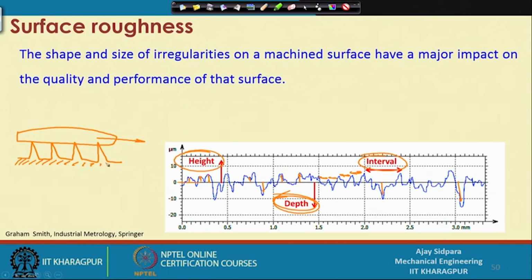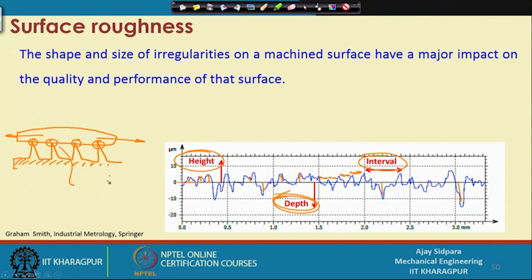Now, this is microscopic, we are not talking about a very large scale, these are very small peaks. When you move this surface here and there, what is going to happen? This is the actual contact area, which is different from the apparent contact area. At macro scale, you think that your whole surface is in contact with this particular surface, but that is not the correct thing.